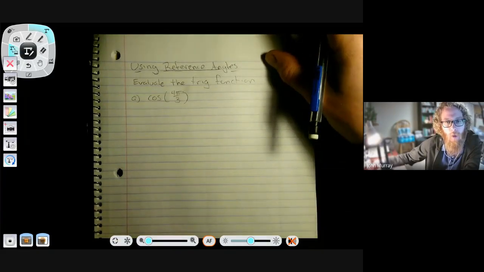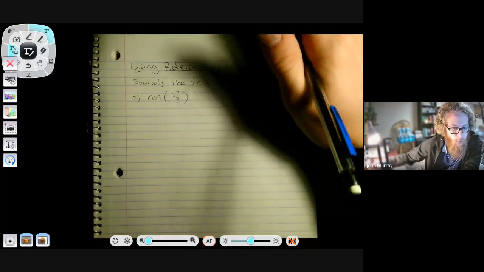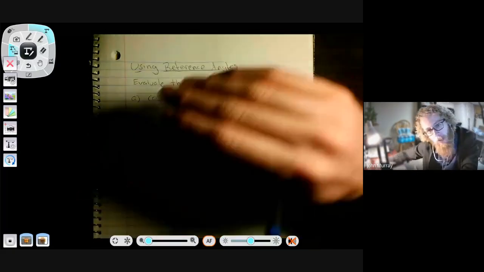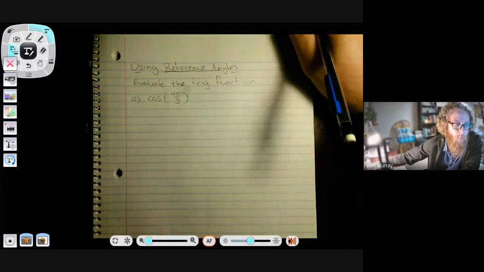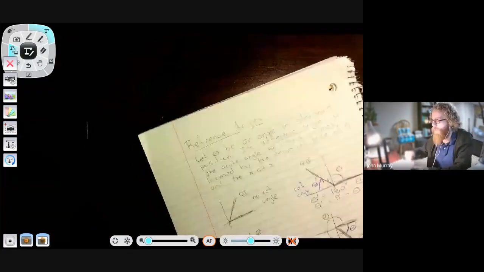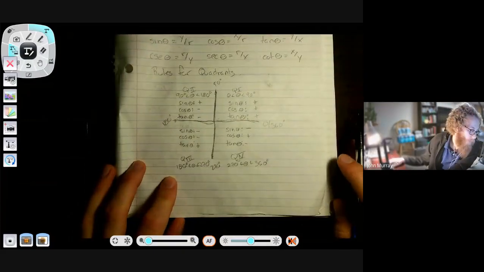So there's a few things that we can do. Well, one, we want to find the reference angle. That'll help us find the angle quicker, say we don't have a calculator. The second thing we want to do is we want to reference this to see if we're going to be positive or negative.